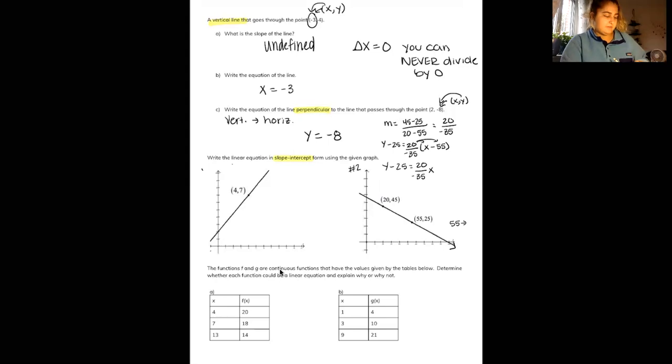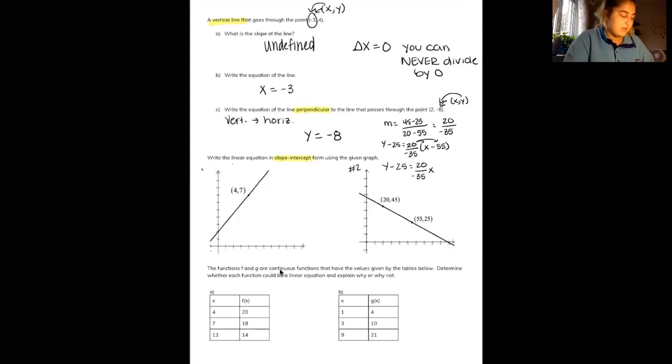So 55 times 35 is 1925. Just kidding, I may have made a mistake there, right? Okay, so we want to multiply 20 by 55. I apologize, I got ahead of myself there.